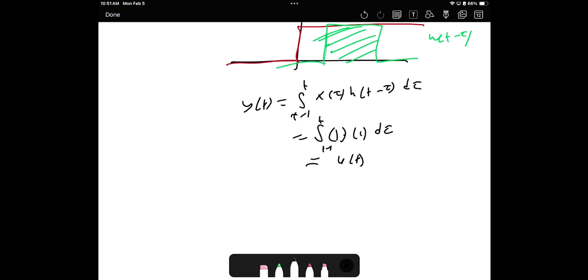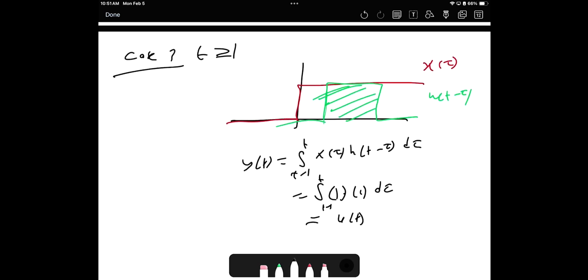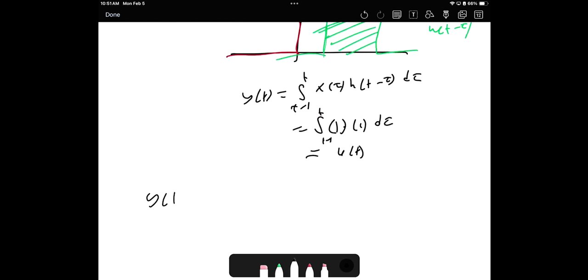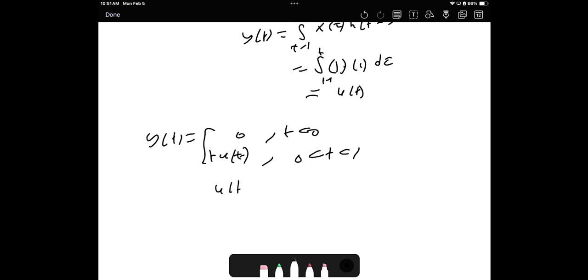So overall, there is nothing else. These are all 3 scenarios. Then y of t will be 0 when t is less than 0, it will be t u of t when t is between 0 and 1, and it will be u of t when t is larger than 1.